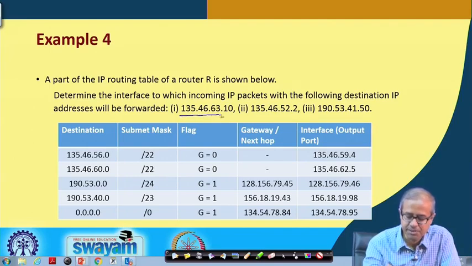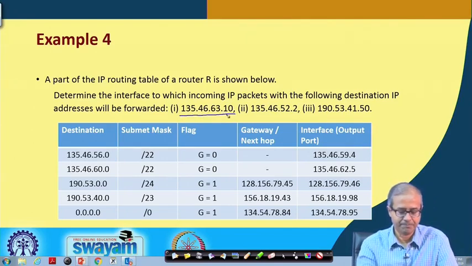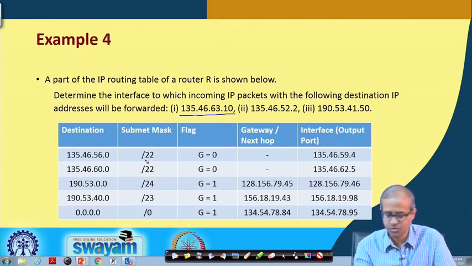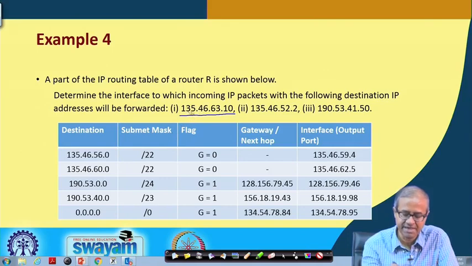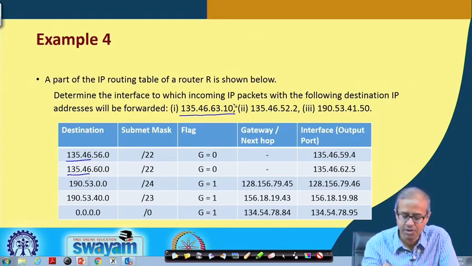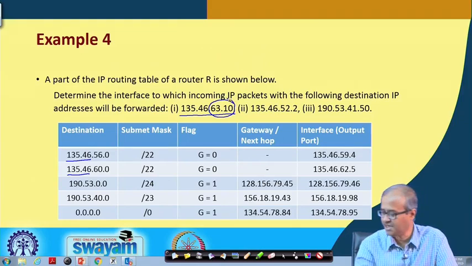So, for this particular address, what will happen? The subnet mask says how many bits to be considered. So, 135.46, 8 and 8, 16. I am not worried about the first two, because for 135.46 I can see the first two entries already have it. I only look at the last two, 63 and 10.